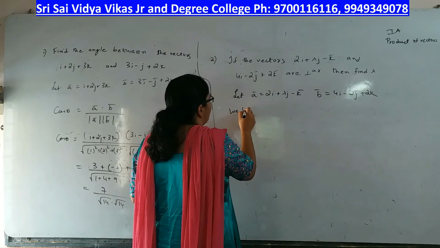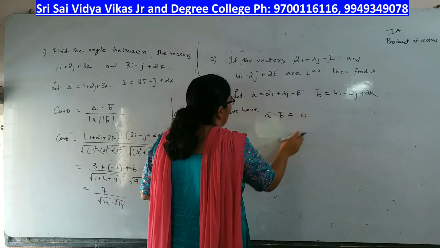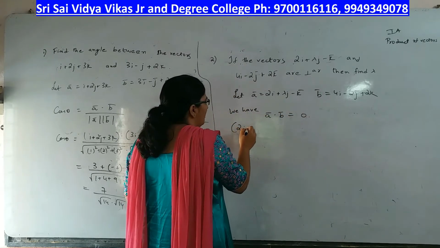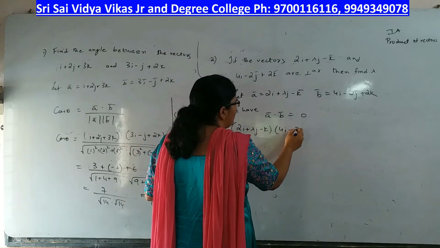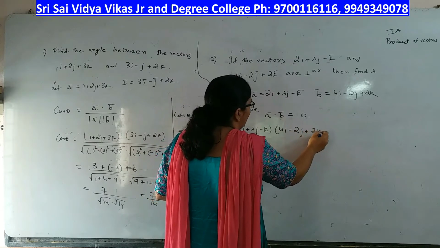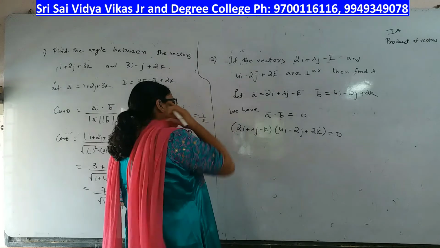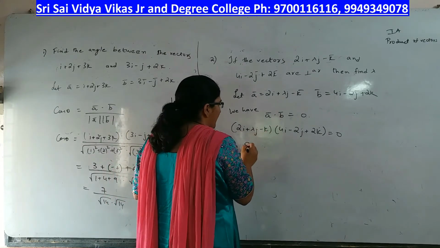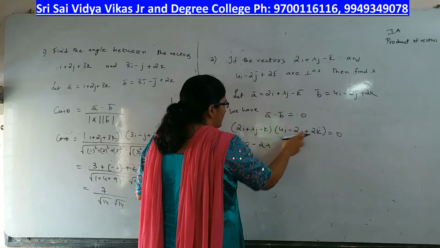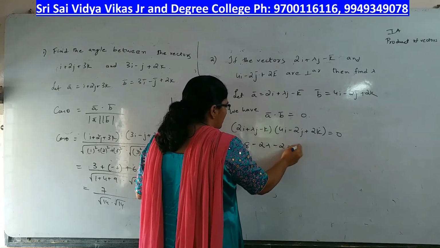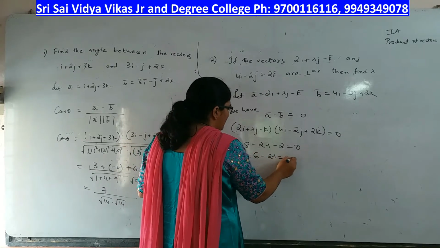We have a bar dot b bar is equal to 0, (2i plus lambda j minus k) into (4i minus 2j plus 2k) is equal to 0. How to find the dot product? 2 into 4, 8, lambda into minus 2, minus 2 lambda, minus 2 into 1, minus 2 is equal to 0. 8 minus 2, 6 minus 2 lambda is equal to 0.